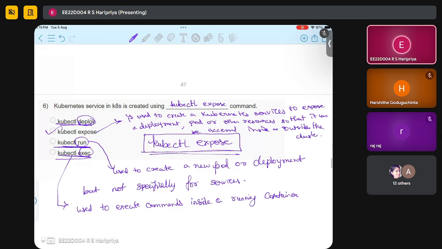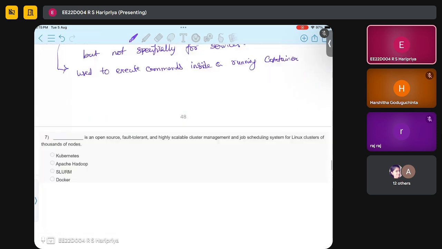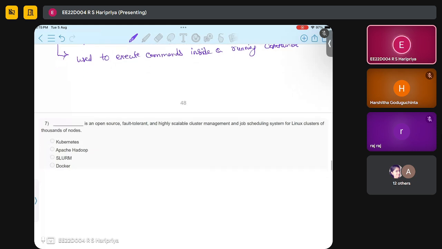Going to the next question. Which one of the following is an open source, fault tolerant, and highly scalable cluster management and job scheduling system for Linux cluster of thousands of nodes?